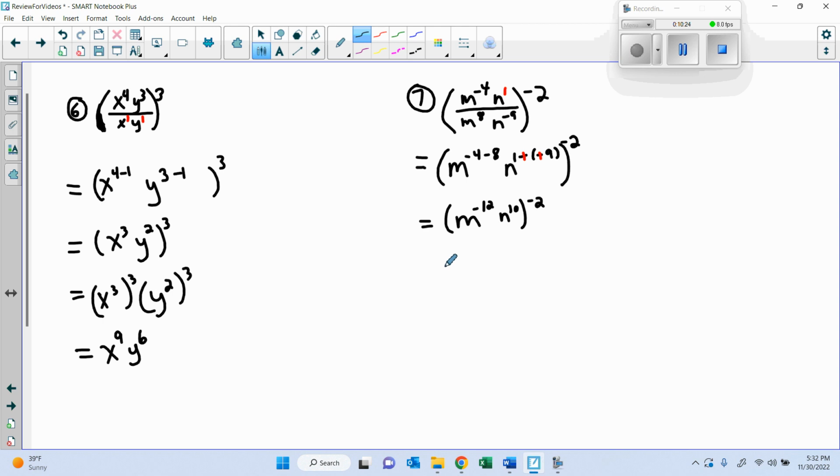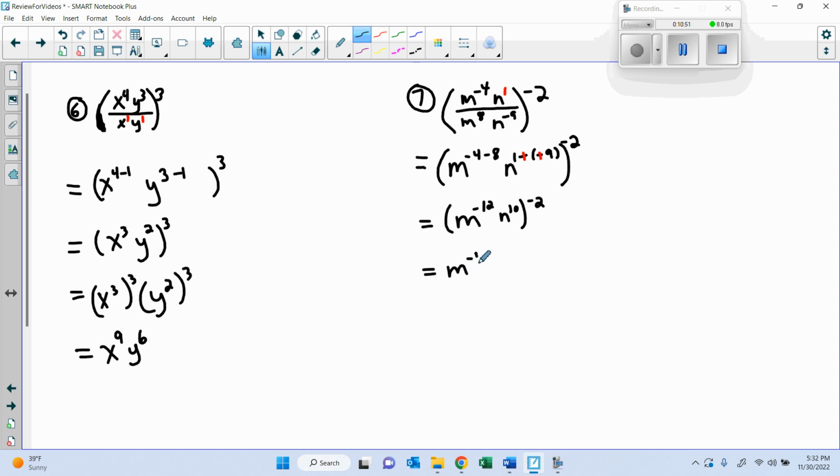Now, at this point, I could fix this one if I want, because it has a negative exponent, but I can kind of see stuff's going to get messed up anyway because I'm at this negative exponent. So I'm just going to go ahead now that I have this as a product, and I've already taken care of that I was dividing. I'm just going to raise each one to the negative 2.